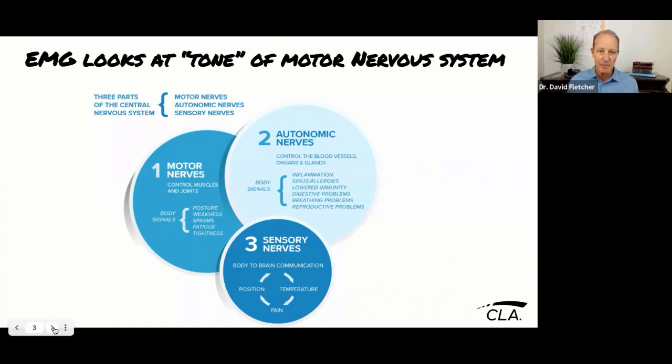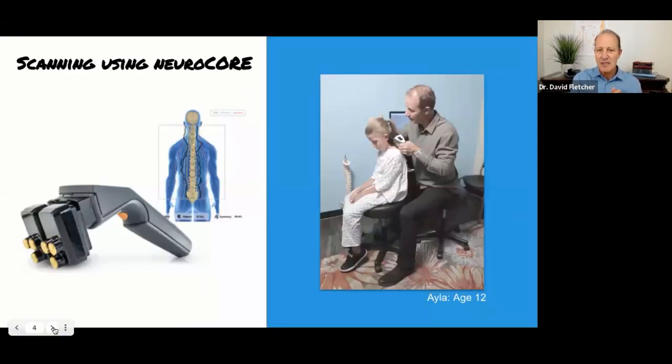Today we're going to be focusing on the motor nervous system, and there's some terrific understanding and perhaps new ways in which we can begin to leverage that part of the whole discussion.